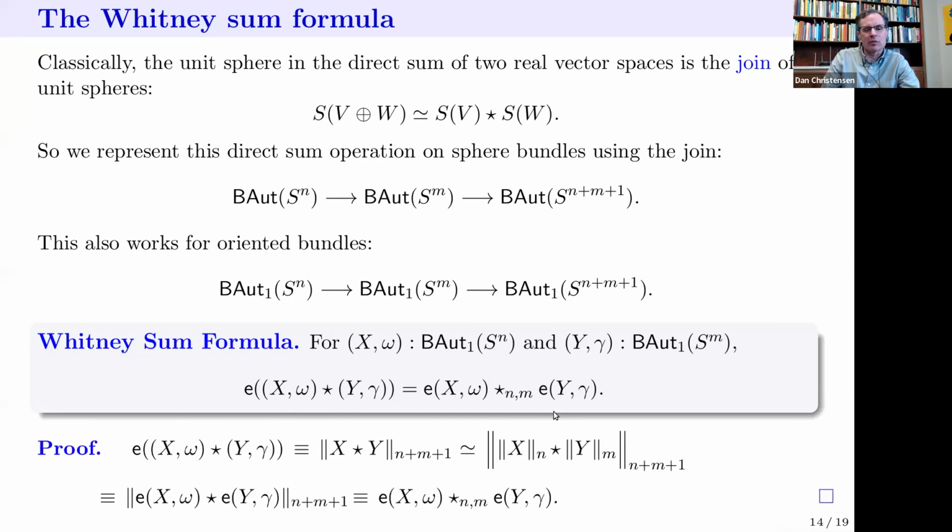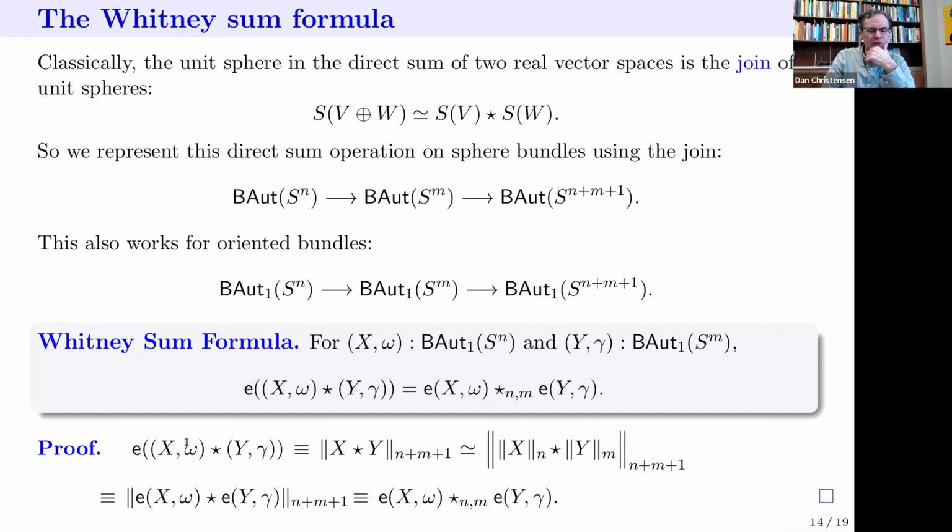And the proof, it's almost definitionally true. The way the Euler class works, and in this series, I'm not writing the orientations everywhere, so you do have to check that. But here, the Euler class of the join is the n plus m plus 1 truncation of the join.